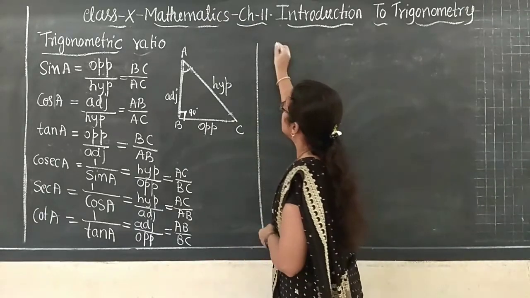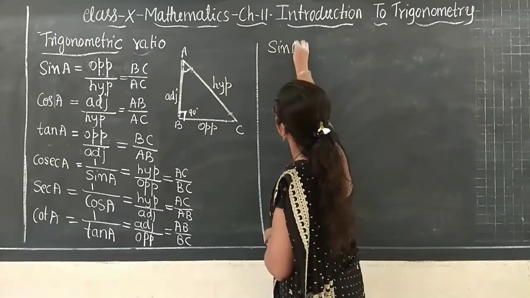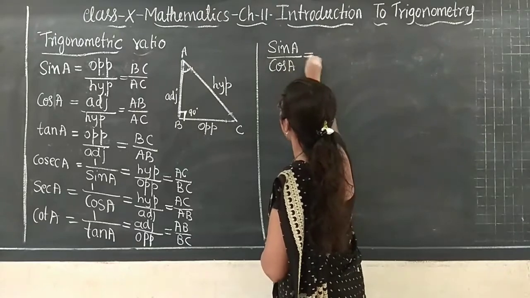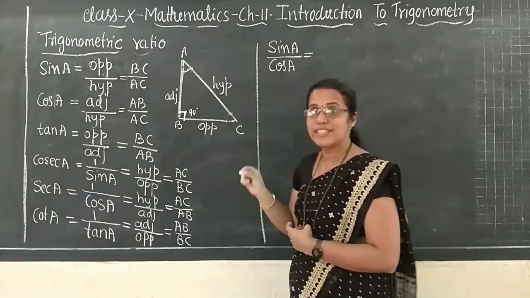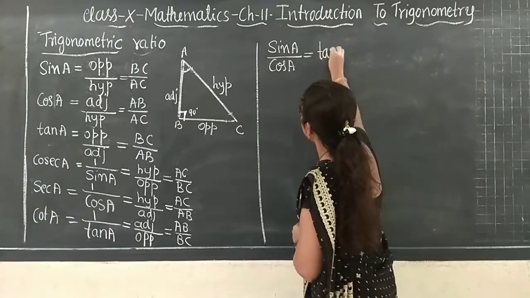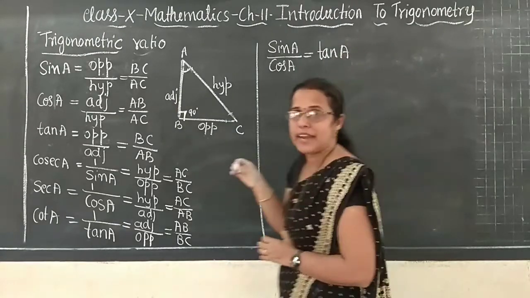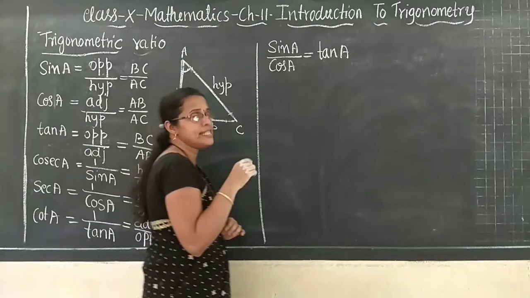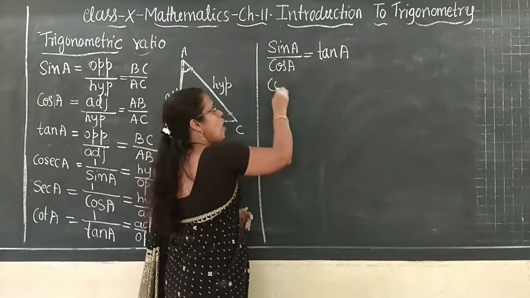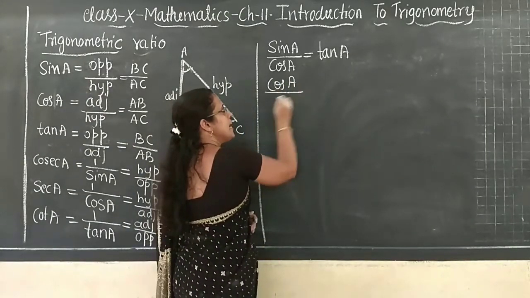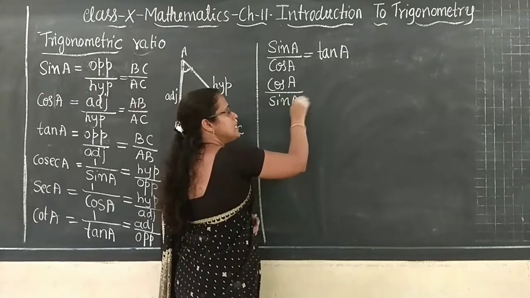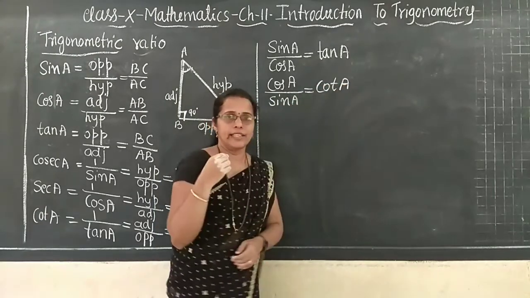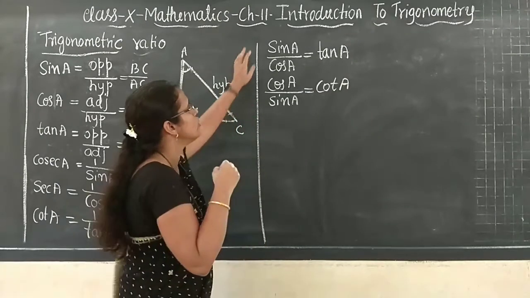Another one you can write: sin A by cos A. Sin A by cos A is also called tan A. Sin by cos is tan. Even cos by sin: cos A by sin A is called cot A. These two are extra formulas you have to learn.